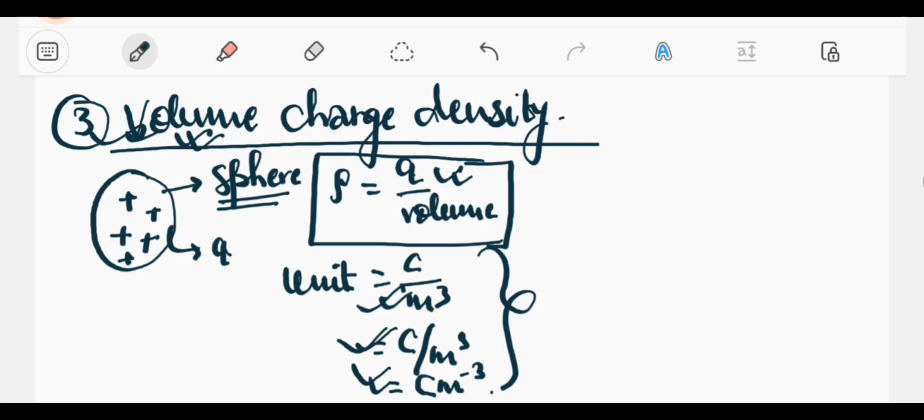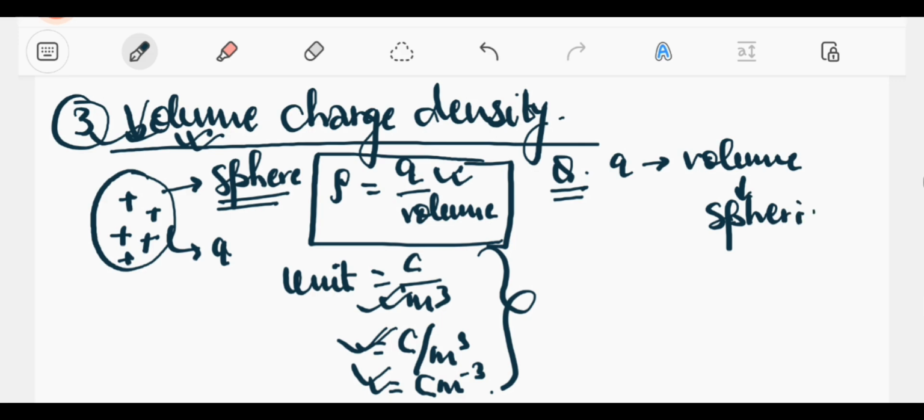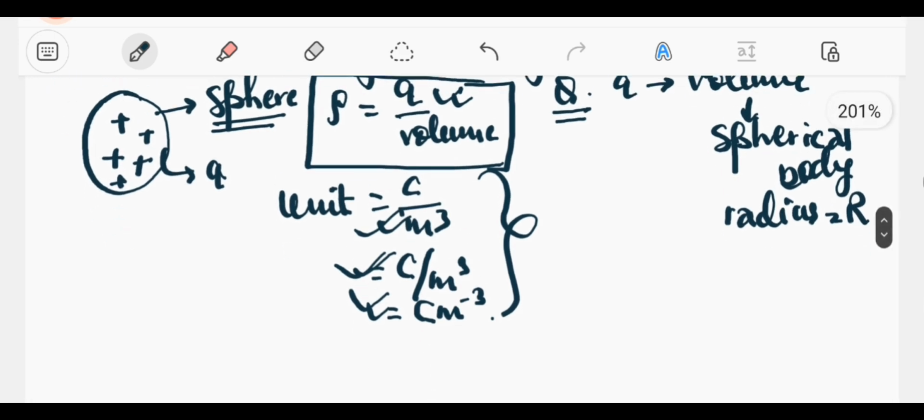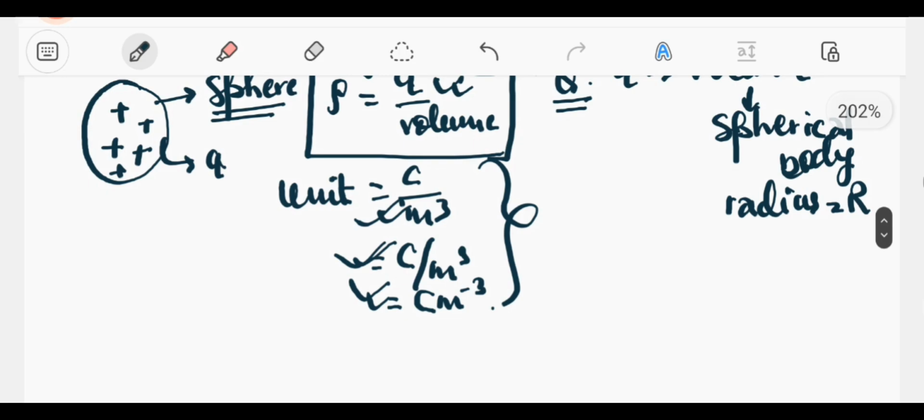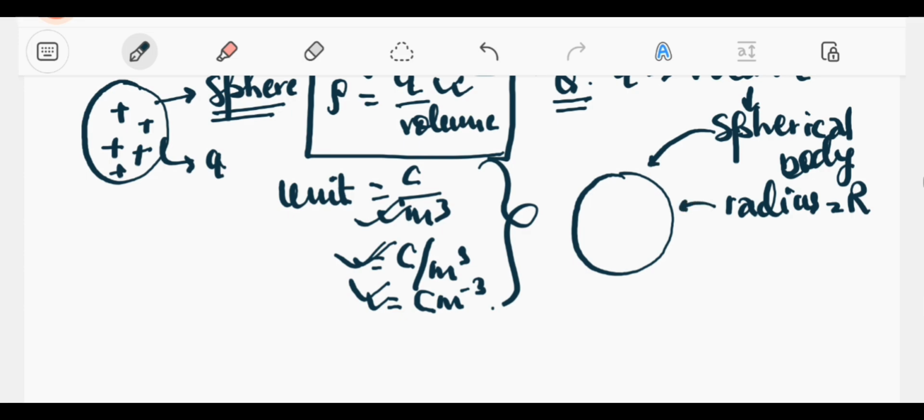Now let us consider an example that charge Q is uniformly distributed over a volume. Let us consider a spherical body whose radius is capital R, in which the charge Q is uniformly distributed.